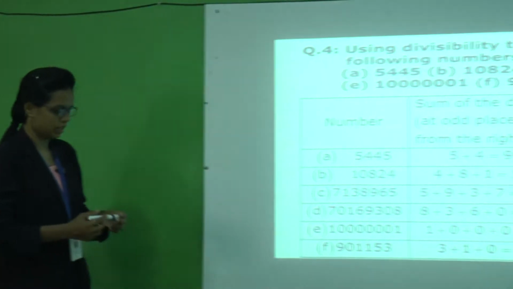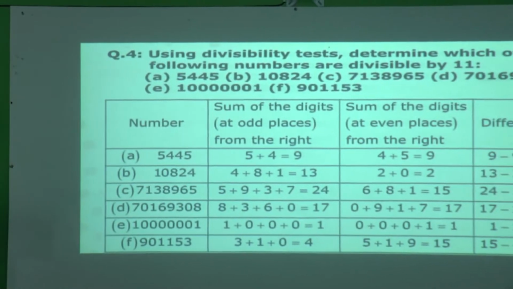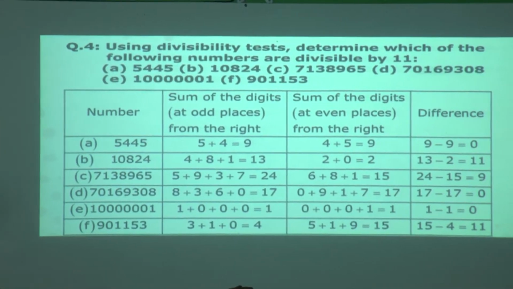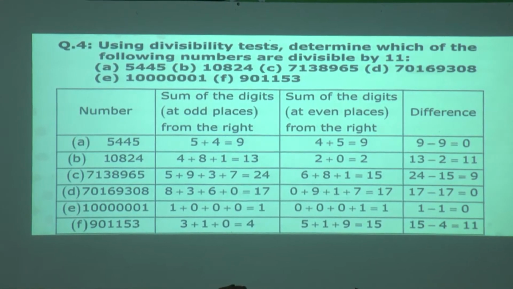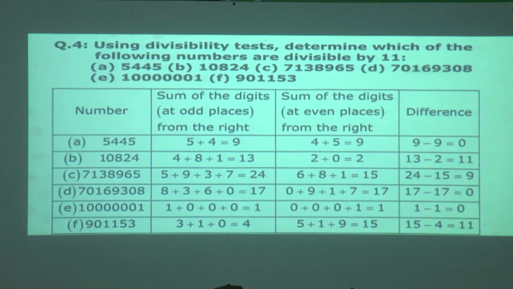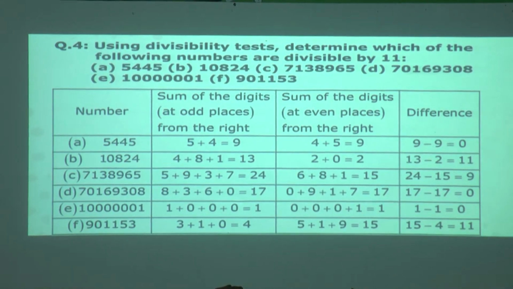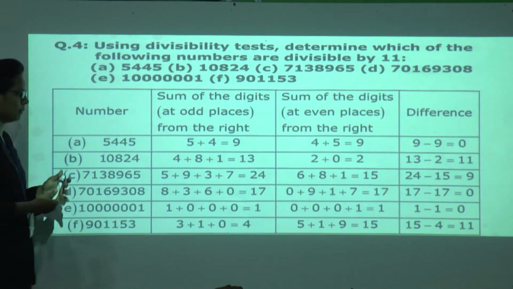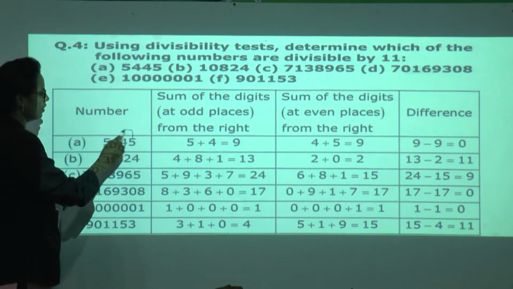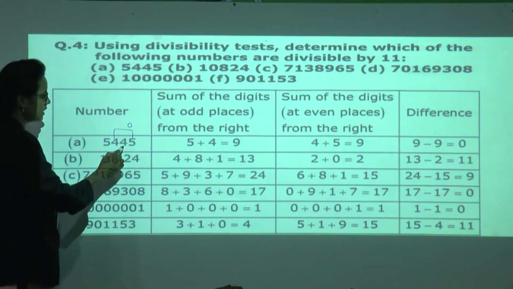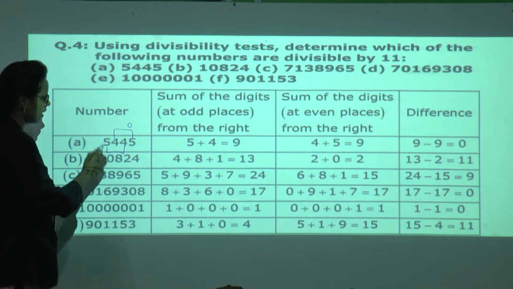Using the divisibility test, determine which of the following numbers are divisible by 11. As we have seen, we have to take the odd places from the right, and these are the even places.